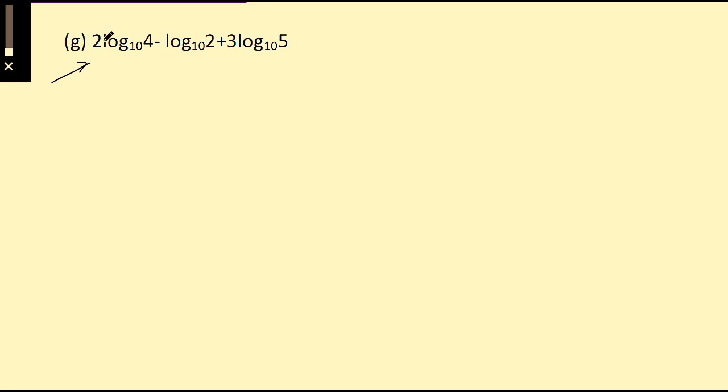Here question G, we have 2 times log 4 to the base of 10. First we should remove the coefficient of log, then it will go to the power of the argument.